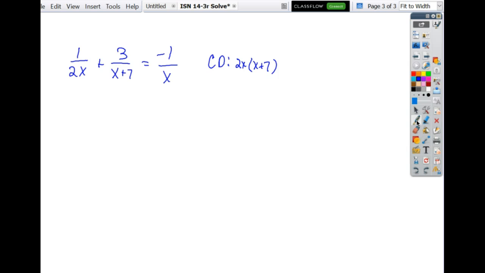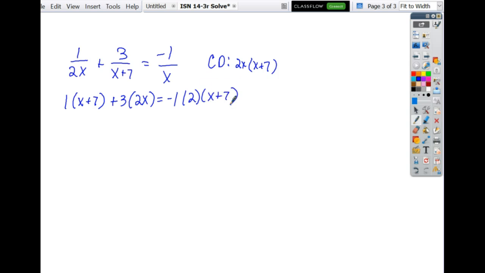But I already have an x, so I don't need another one. So when I write down the 1, the 2x cancels, and what do I multiply by? I'm going to write down the 3, and what cancels? So I'm going to multiply by, very good. Then I'm going to write down the negative 1, and now what cancels? Correct. I need both of these.